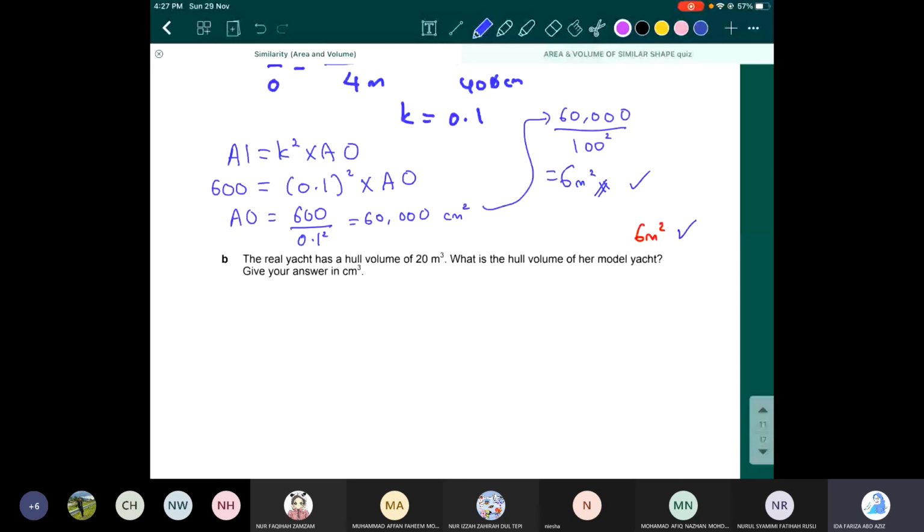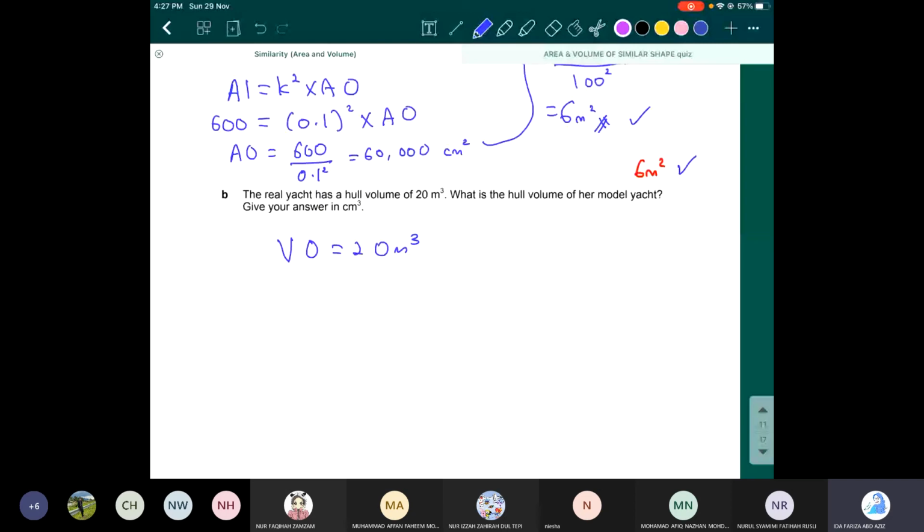Okay, soalan B. The real yacht has a hull volume of 20 meter cube. What is the hull volume of her model yacht? Okay, sekarang ni cerita pasal volume pula. The real one. So tadi saya dah decide real adalah objek. So saya tulis sini VO 20 meter cube. Dia nak cari VI berapa. Okay.